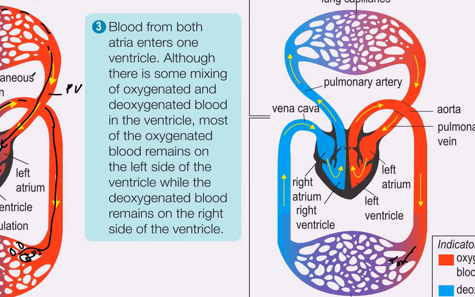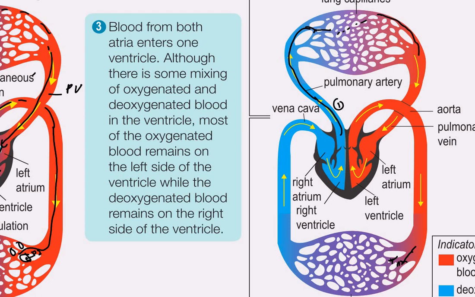So first, the deoxygenated blood, number 1 here, will flow through the pulmonary artery to the lung capillaries, the pulmonary circulation. Then gases exchange occurs, so the blood receives oxygen and becomes oxygenated blood.